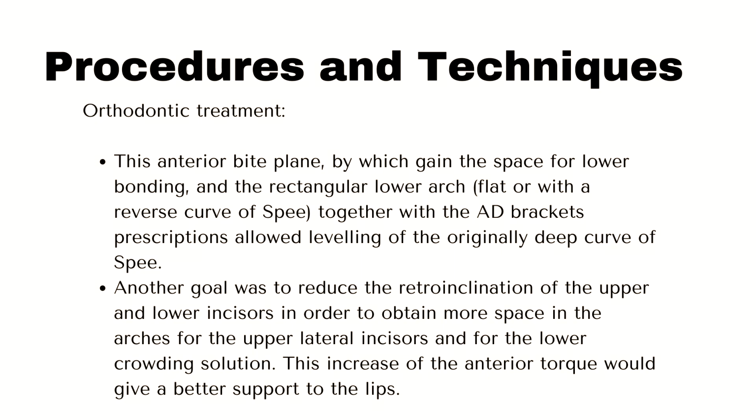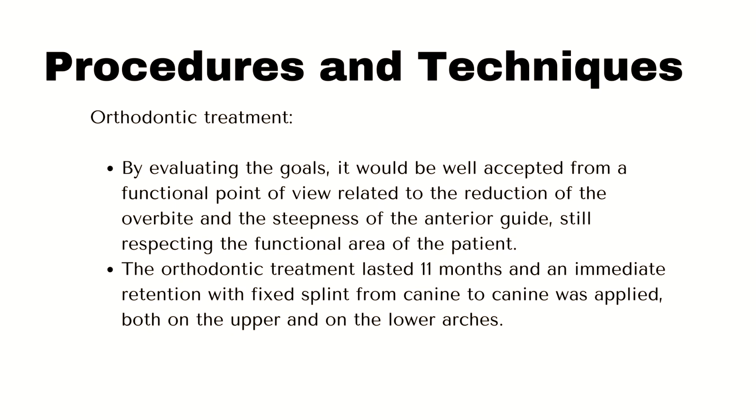This increase in the anterior torque would give better support to the lips. By evaluating the goals, it would be well accepted from a functional point of view in relation to the reduction of the overbite and the steepness of the anterior guide, still respecting the functional area of the patient.